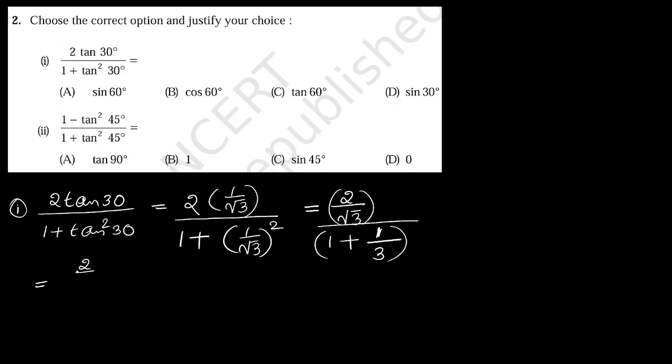2 by root 3 divided by 1 plus 1 by 3. Just do the cross multiplication: 3 plus 1, 4 by 3.